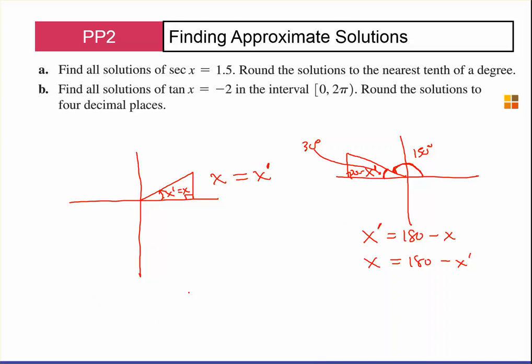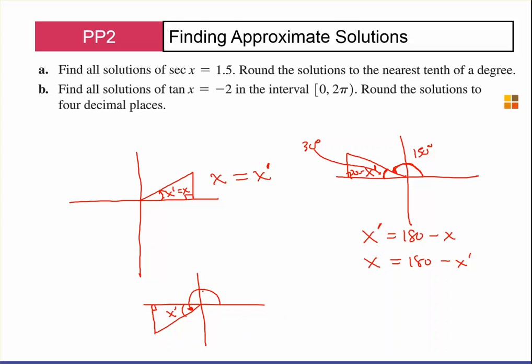How about quadrant 3? Let's say this angle is x prime. How do I get this full entire angle here? 270? Oh, 210. Kind of sneaky, but isn't this already 180?